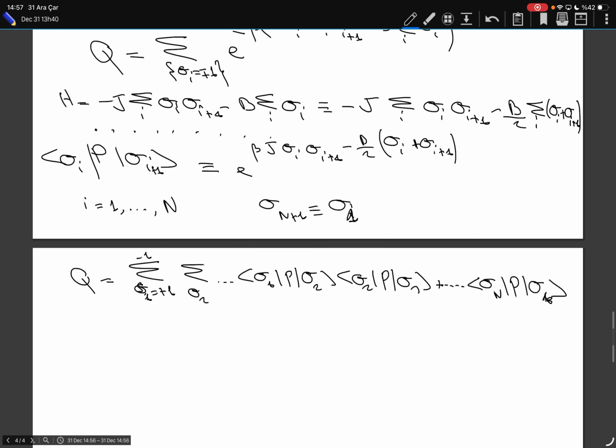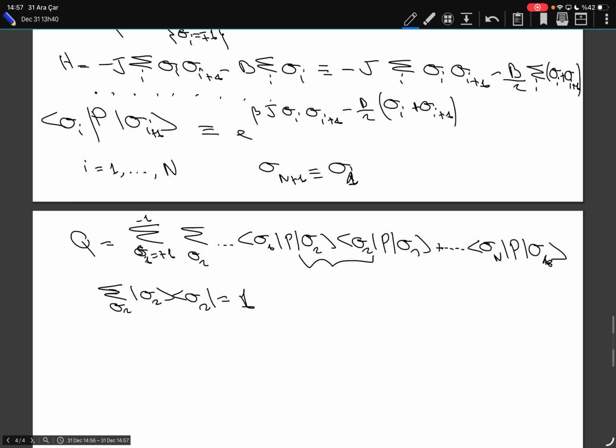But you see, if I sum over sigma 2, this is just a matrix product. Sum over sigma 2, this is just identity, if you like, in the bracket notation.